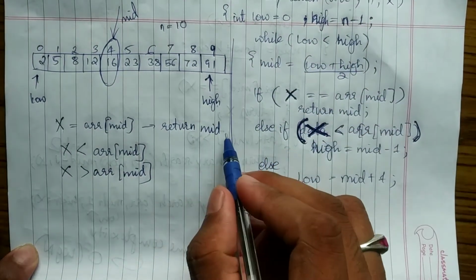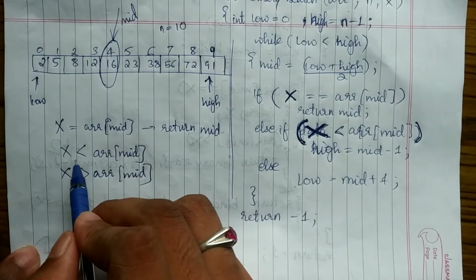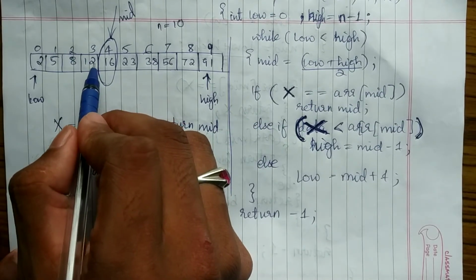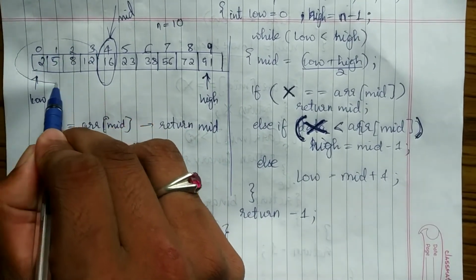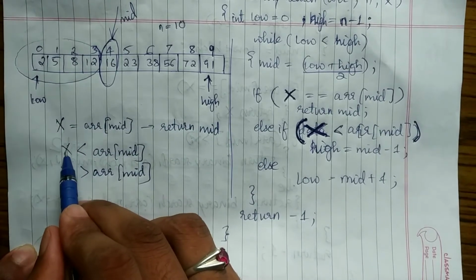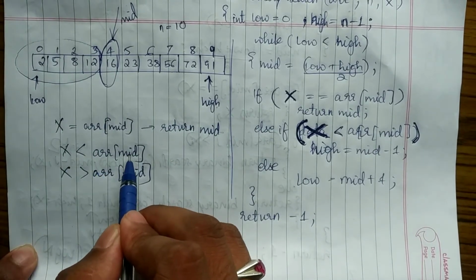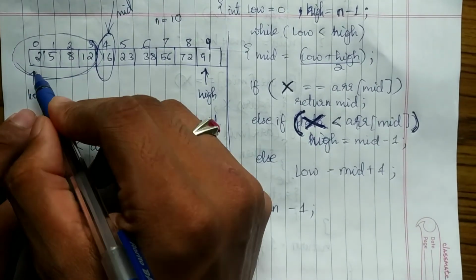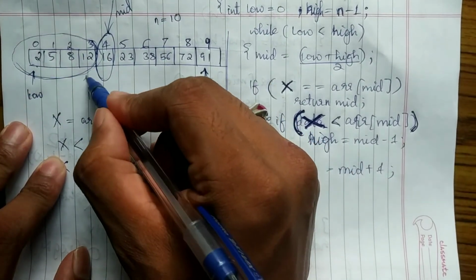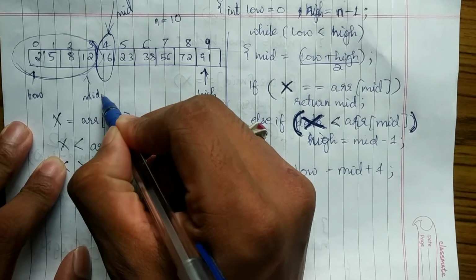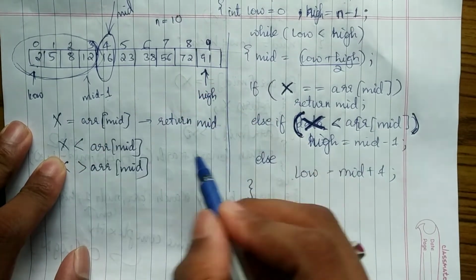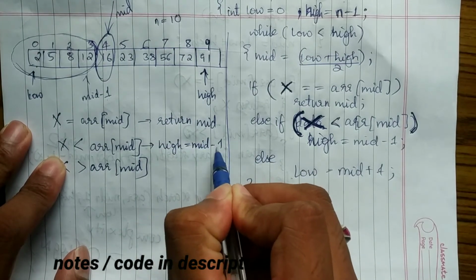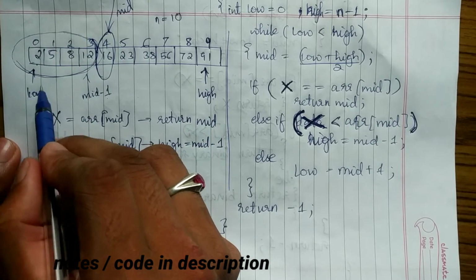And if the element to be searched is smaller than the array of mid, it will be present in the left half. So for that, we'll keep the low as low, but we'll change high to mid minus 1, right?